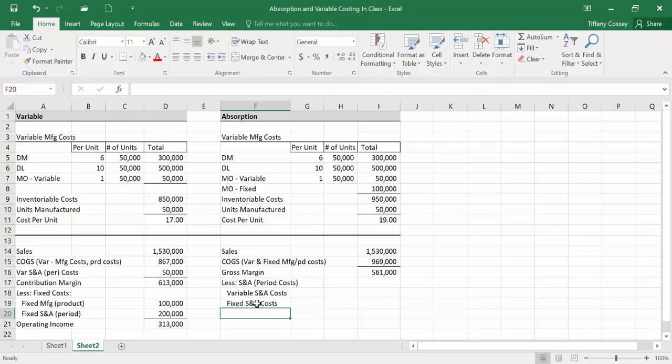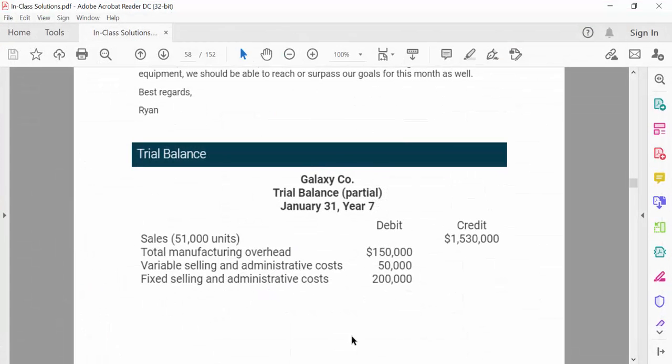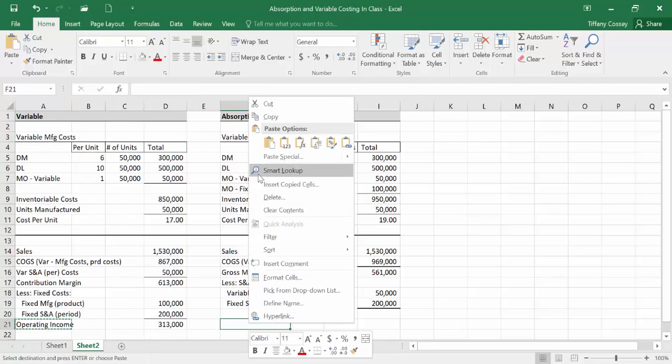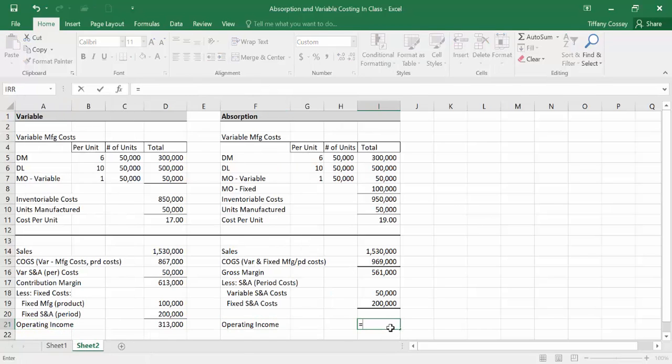And so we already know the fixed selling and administrative cost. We had those over there, so we're just going to pull those here. And then the variable selling and administrative costs are given to us here. It says they're $50,000. So we'll plug that in. And my operating income is going to be my gross margin minus my variable selling and administrative minus my fixed selling and administrative, $311,000.